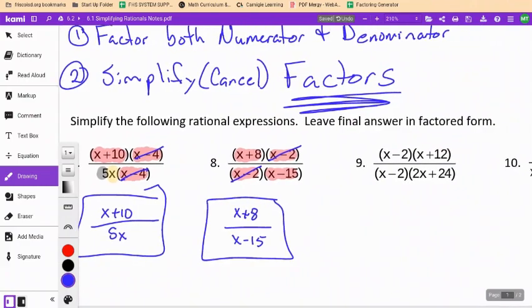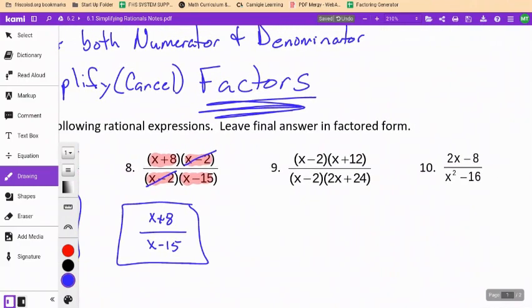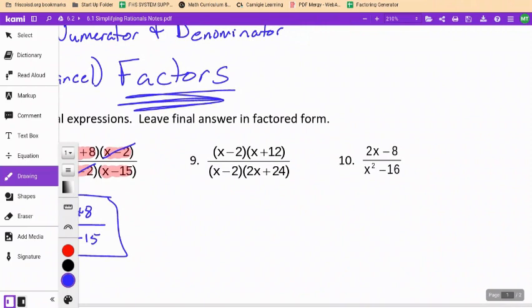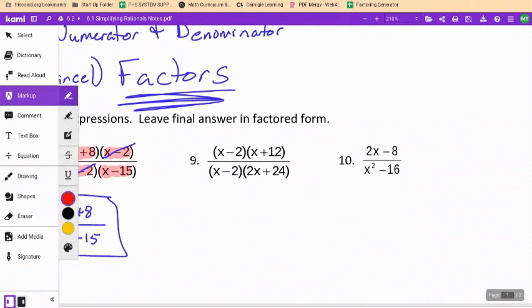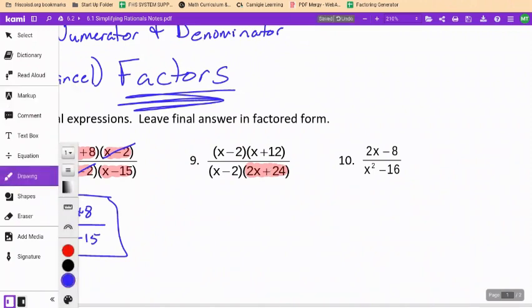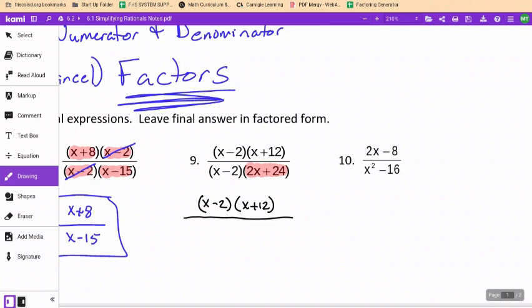Number 9, again, it looks like step 1 is done, but I need to look a little bit closer. This factor right here can be factored some more. So my original problem is x minus 2 times x plus 12. That was already factored.